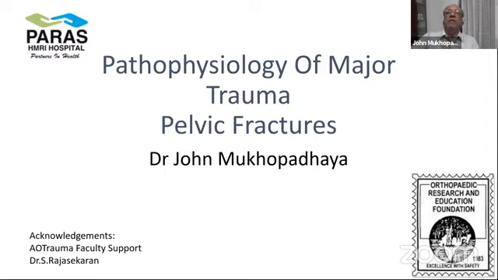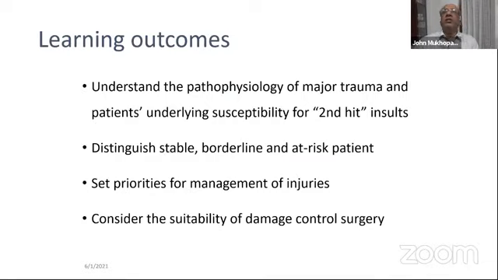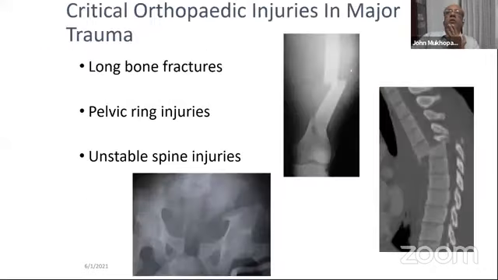I think when we think of major orthopedic trauma, there's a series of fractures that we think of, and hopefully by the end of this talk, we understand the pathophysiology of major trauma and the patient's underlying susceptibility for second-hit insults. We should be able to distinguish stable, borderline, and at-risk patients. We need to set priorities for the management of injury and consider the suitability of damage control surgery.